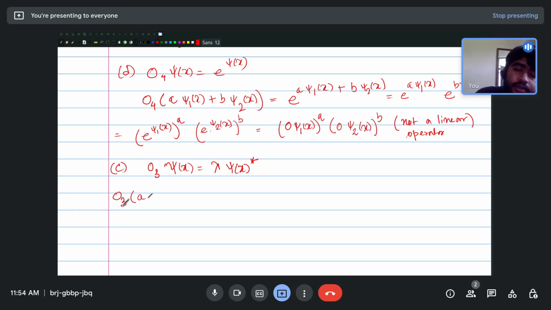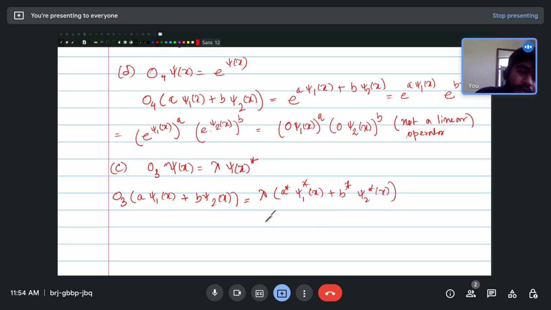I'll again start with our favorite linear combination, and the action is clear: it gives you some number and makes the whole thing conjugate. So ψ becomes conjugated: a* ψ1*, b* ψ2*.